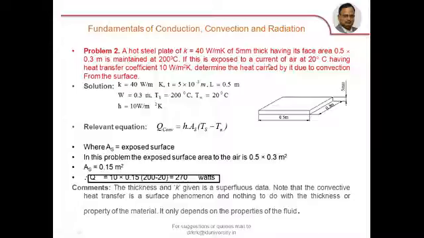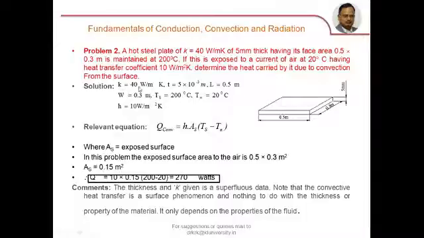If this is exposed to a current of air at 20 degrees centigrade, that is, air is flowing, imagine, at 20 degrees centigrade, having convective heat transfer coefficient 10 watt per meter square Kelvin, determine the heat carried by the air due to convection from the surface.